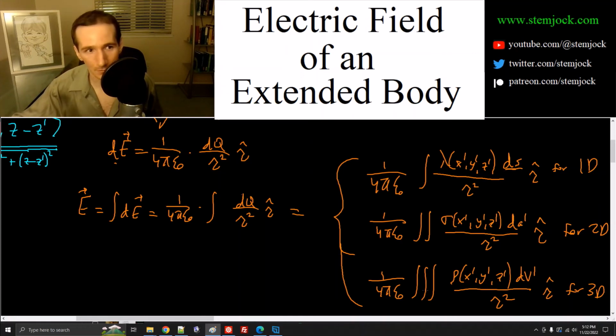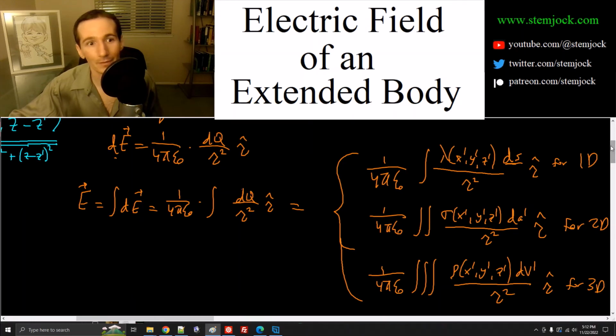What you see in physics classes are symmetrical bodies, and when the shape and the charge distribution are symmetrical about an axis, you can get away with doing only a single integral. So it's not as messy as it looks. These are just general formulas for the general case. I'll probably do some follow-up videos and show you how to calculate the electric fields for some simple objects to demonstrate how to calculate the electric field.